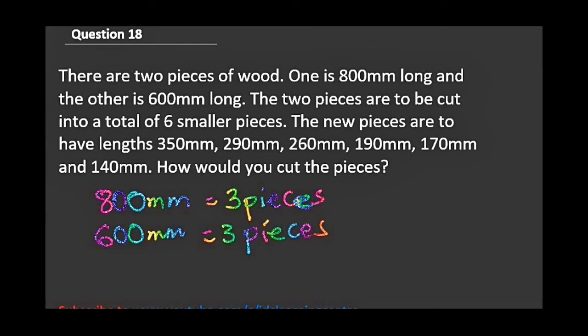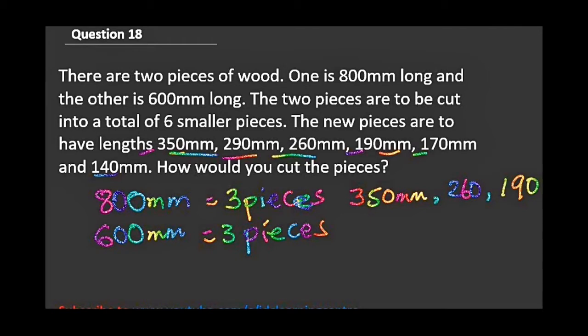Okay, now look at the options that have been given to you. Which 3 numbers from this option will you add together to get 800? For 800, I can add 350 mm plus 260 mm and 190 mm.